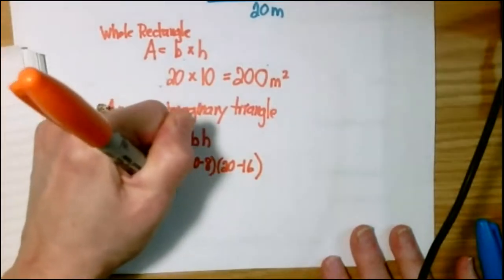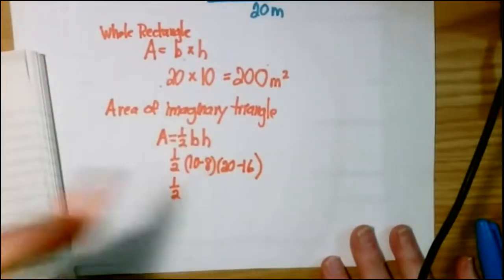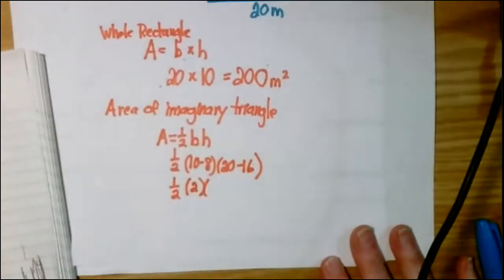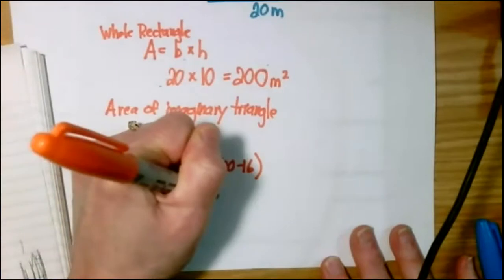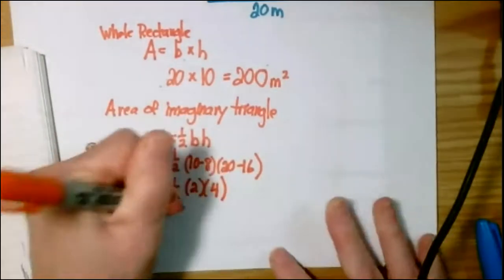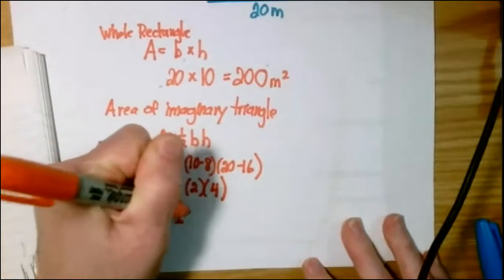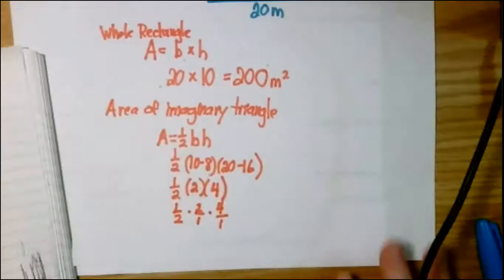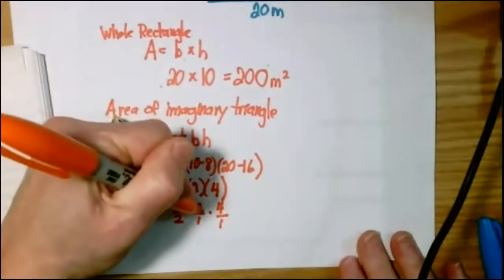We have 1/2. 10 minus 8 is 2. 20 minus 16 is 4. And now I just multiply all of that together. So it's really the same as 1/2 times 2 over 1 times 4 over 1. So these 2's will cross off.